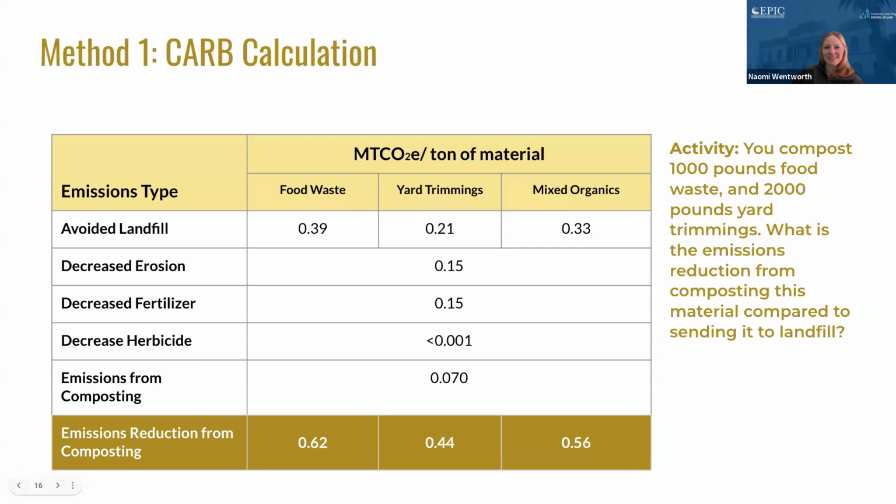If anyone's able to try out that calculation, let's take a minute or two to do so. And just type it in the chat or shout it out when you're ready.